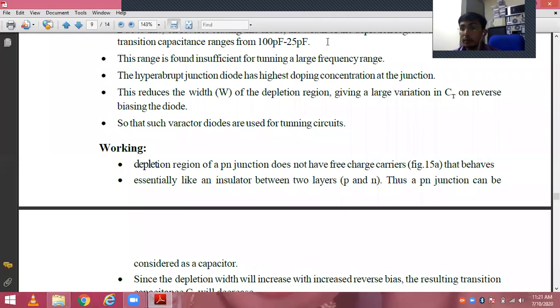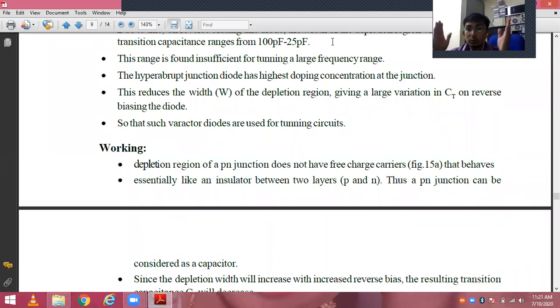And next is the working. How does it behave? As we know very well, the PN junction diode is connected in reverse bias. Whenever the junction is created, the depletion layer is created, and that depletion region does not have free charge carriers; it has immobile charge carriers and behaves essentially like an insulator.